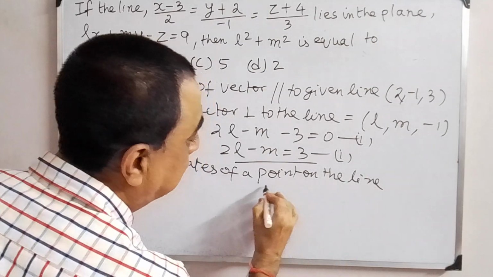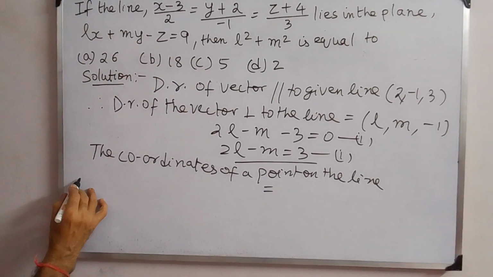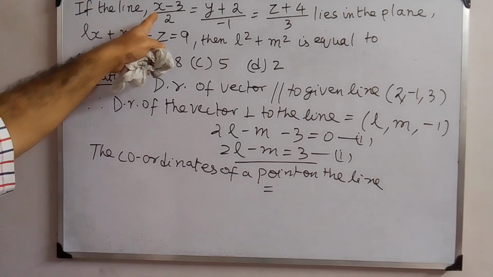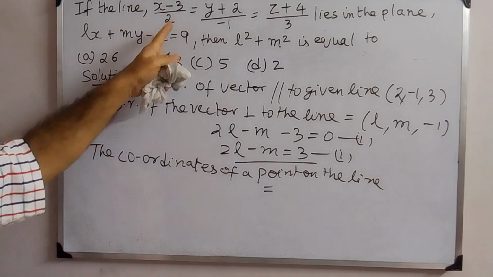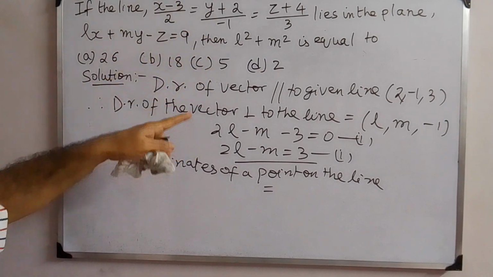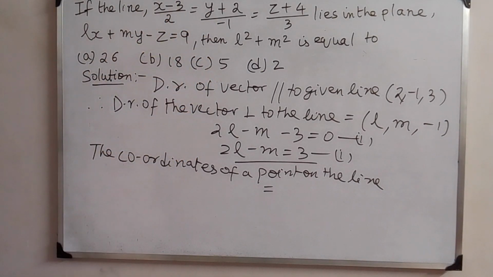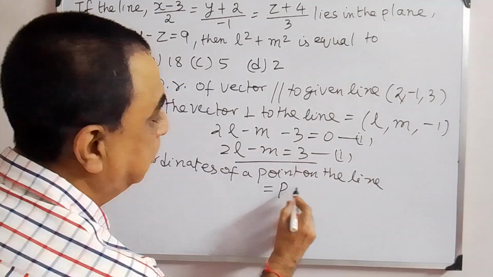What will be the coordinates of the point on the line? In the equation, the numbers written with x, y and z on the opposite side give the point through which the line is passing. So let that point be P.